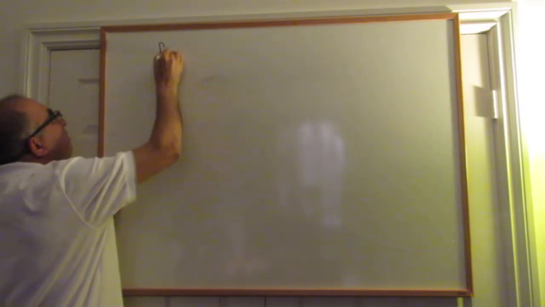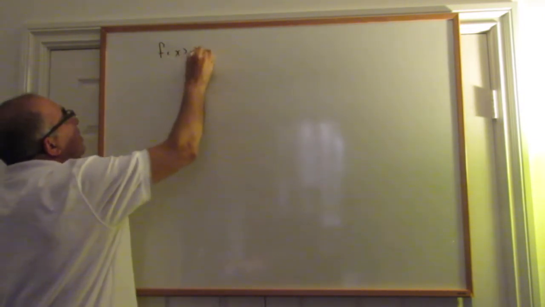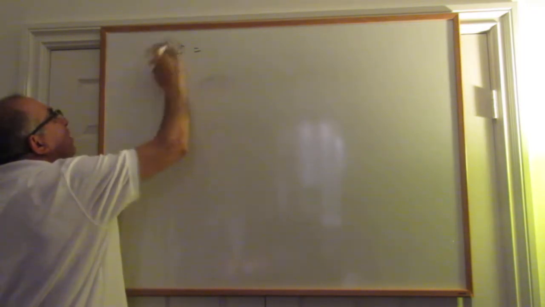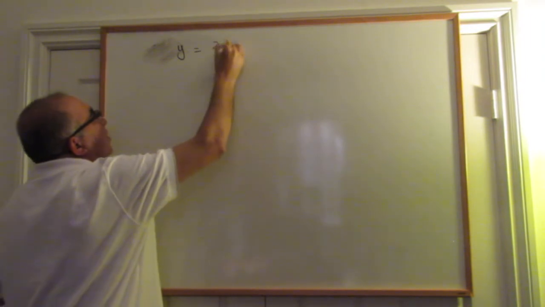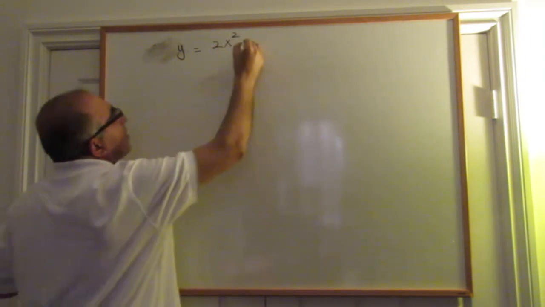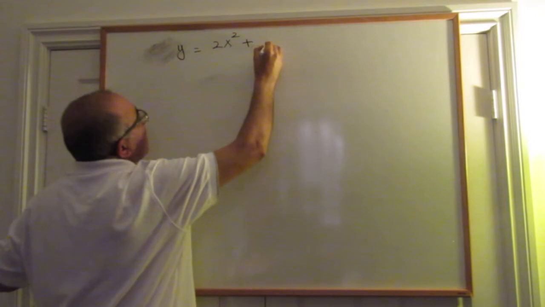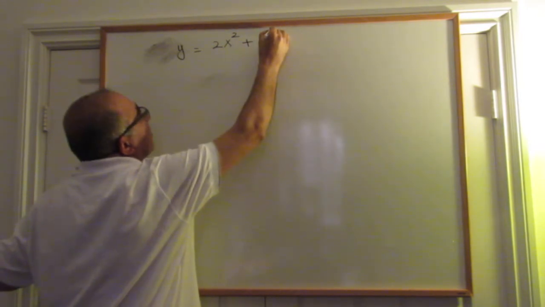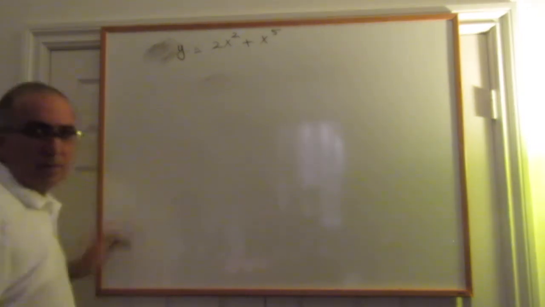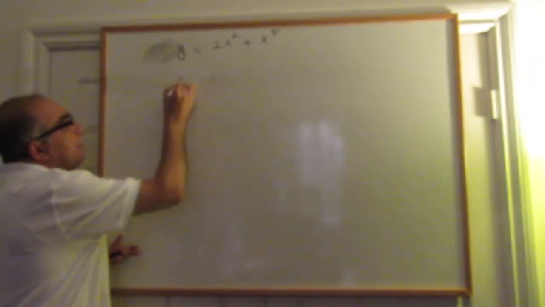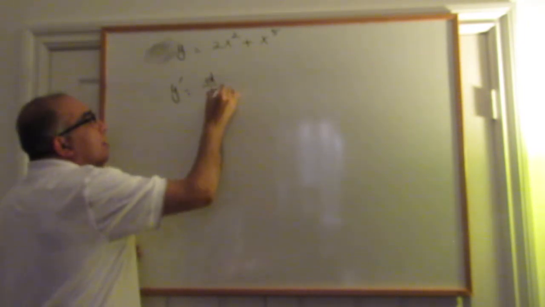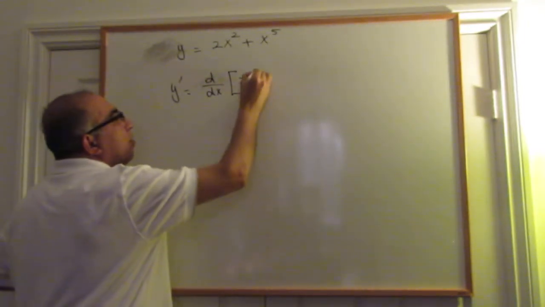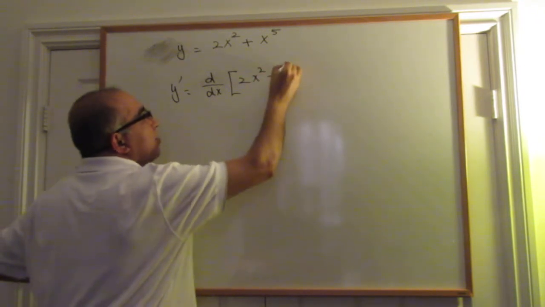For example, f of x or y, whatever you name, y equals 2x squared plus x to the power of 5. Then y prime equals d dx of 2x to the power of 2 plus x to the power of 5.